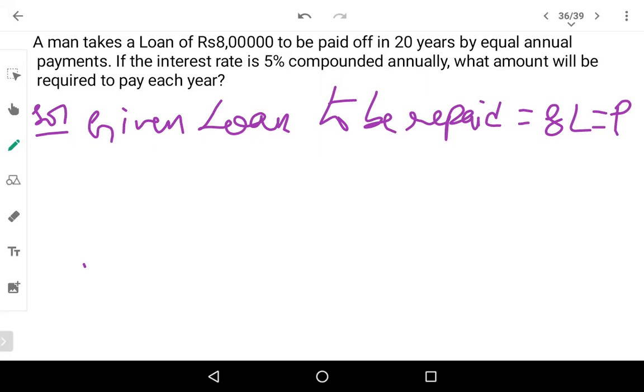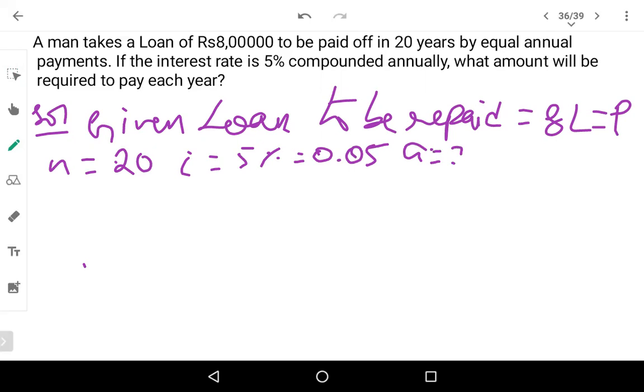The number of years is 20, and the interest rate is 5%, which is nothing but 0.05. And we don't know the annuity amount. Since we are supposed to find out the every-year amount, we will be finding the annuity. So we'll consider the present value formula here.